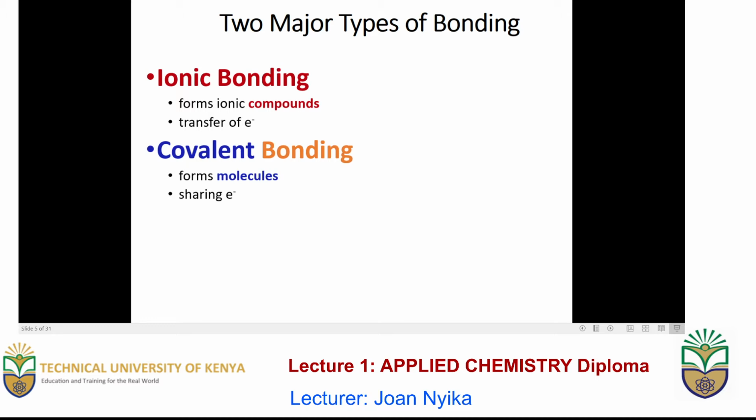The ionic bonding that forms ionic compounds through the transfer of electrons and the covalent bonding that forms molecules via the sharing of electrons. We will look at the details of each one of these in the subsequent slides.